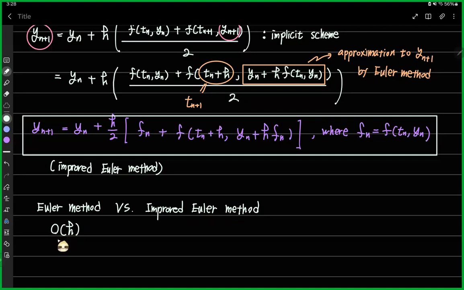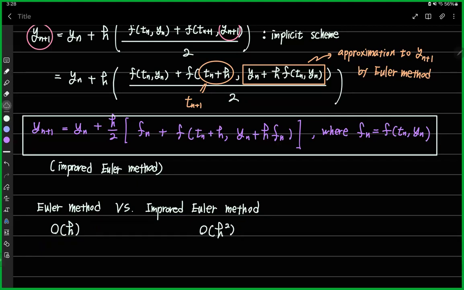Big O means a constant times h, maybe 2h, 3h. We don't know what the coefficient is, but it means a multiple of h. In the improved Euler method, the convergence rate is big O of h squared.